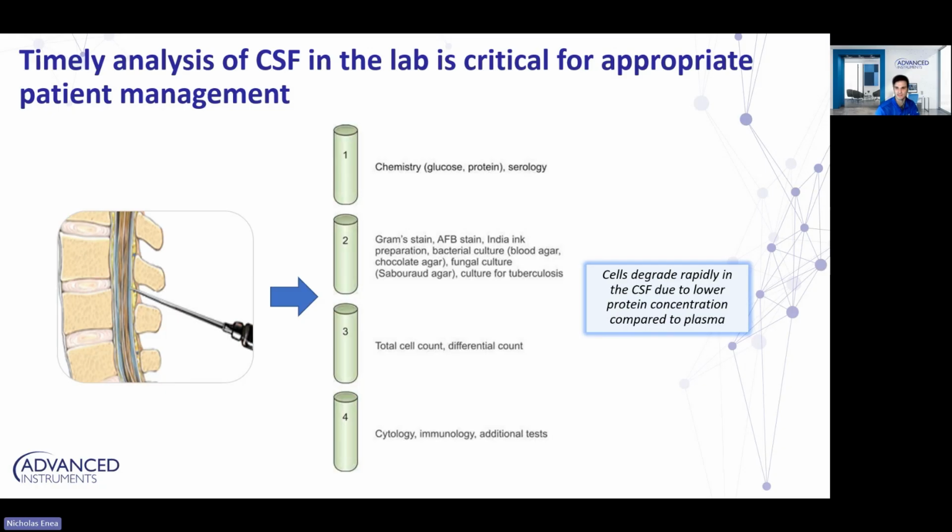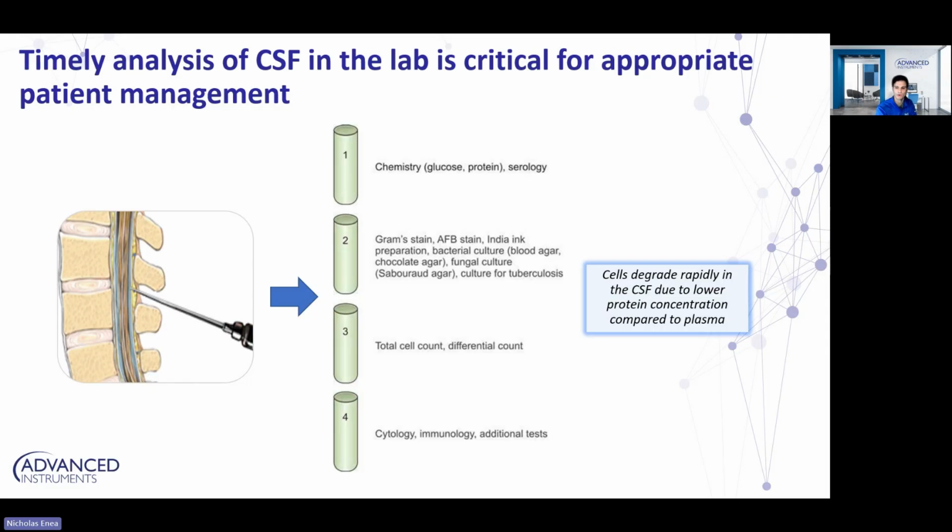And then normally the CSF, like I mentioned in the last slide, is collected into 4 separate aliquots or containers. These vary from hospital to hospital, from clinic to clinic, but normally the first tube is used for chemistry and serology. The second one is normally used in the microbiology area, for gram staining, cultures and things like that.